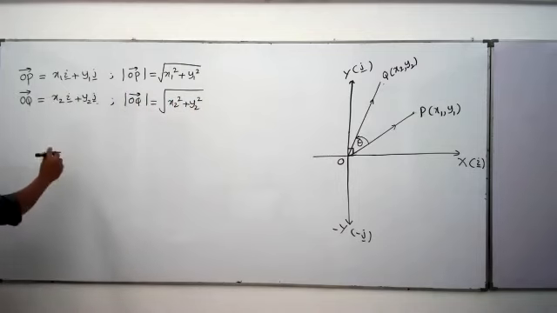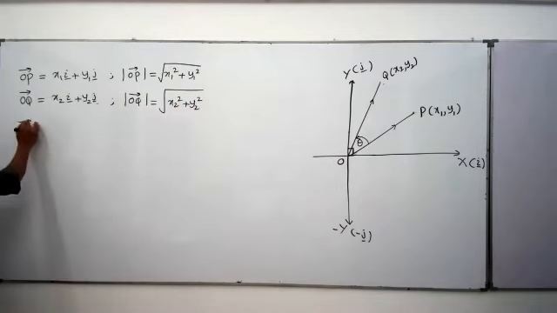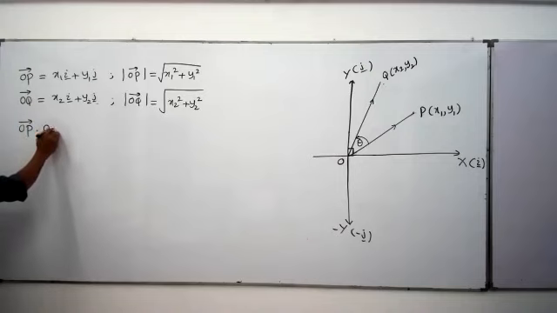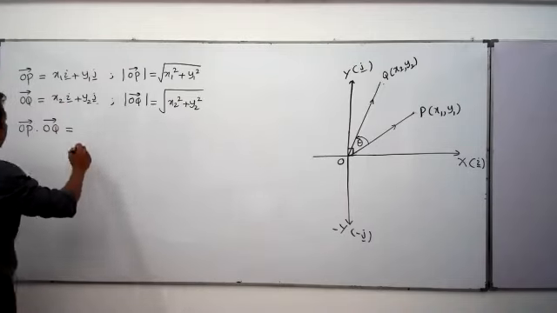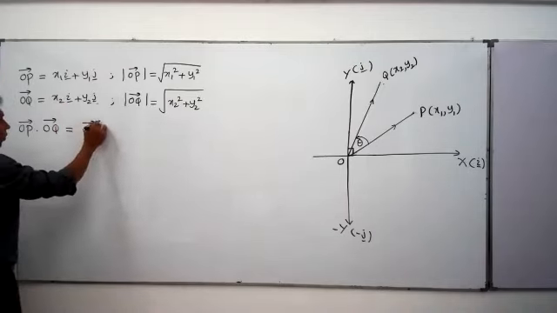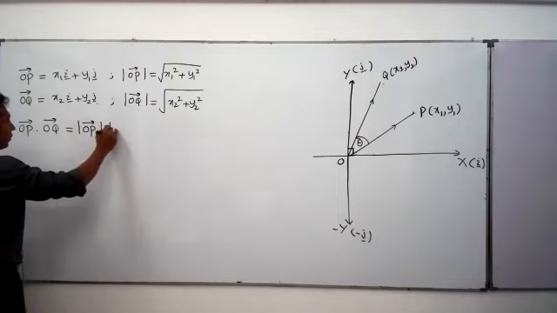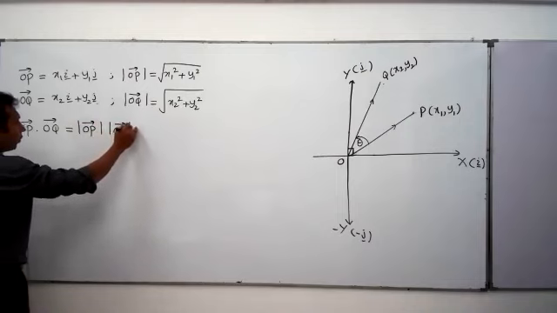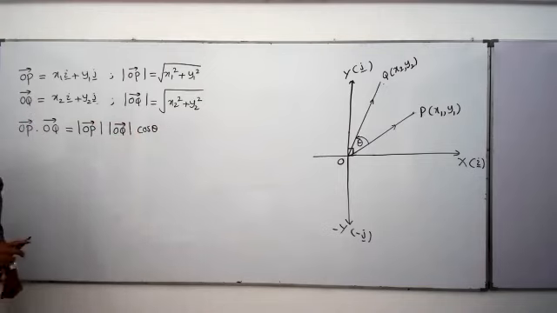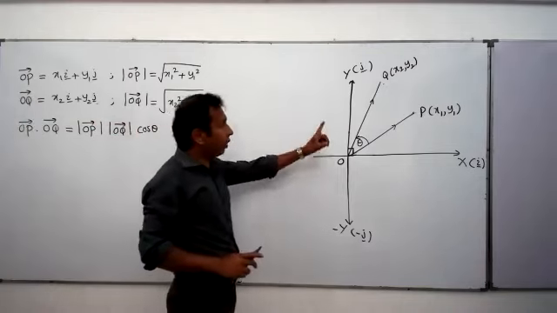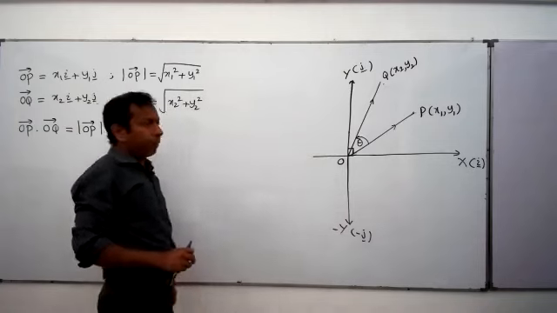Now I can write it this way: OP vector dot OQ vector, the dot product, is OP vector modulus times OQ vector modulus times cos theta. Theta is the angle between OP and OQ.